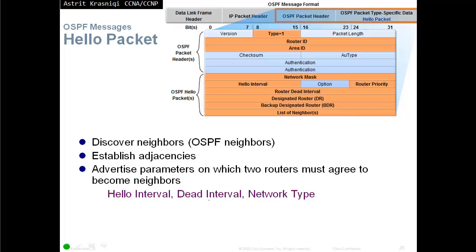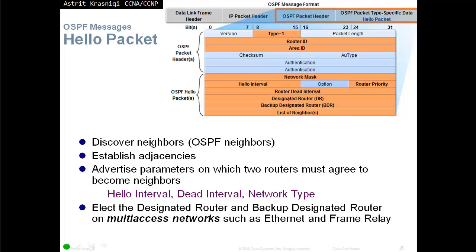How long do I have to wait if I'm not getting hellos from you? For example, if you're going to send me a hello every 10 seconds, how many seconds have to pass before I declare my neighbor as down? And the network type: are we point-to-point or point-to-multipoint? We have to agree on what our network type is. And the area ID as well. It has to match on the area ID, otherwise we don't become neighbors.